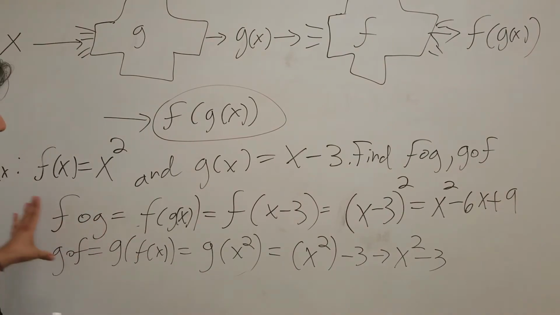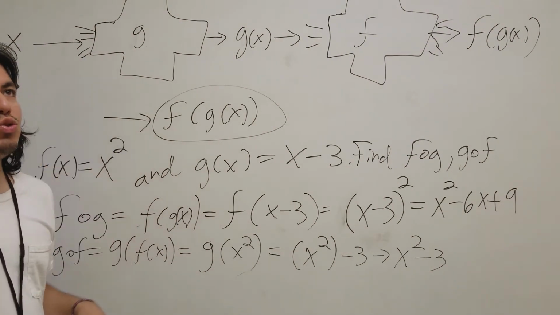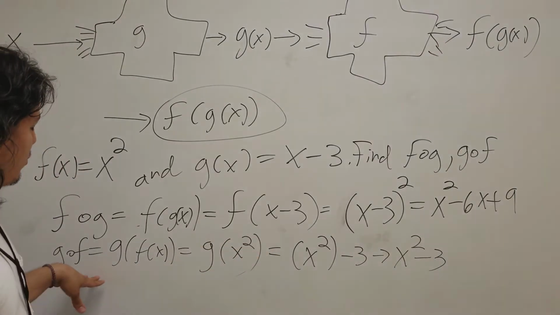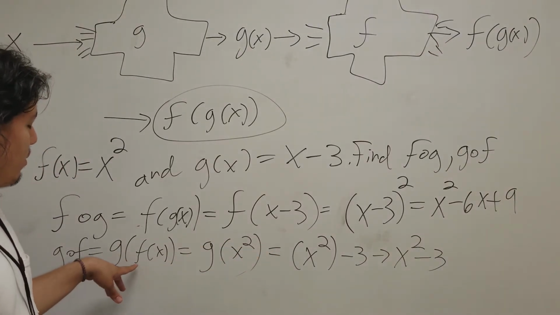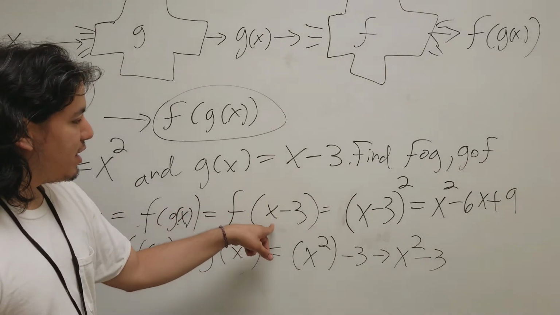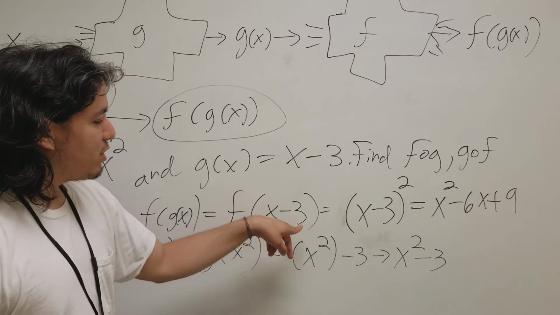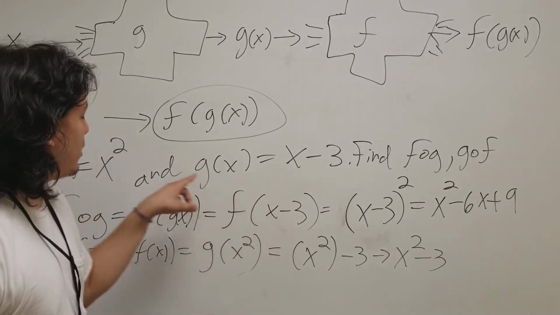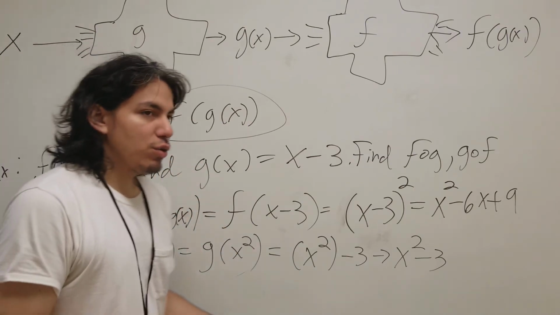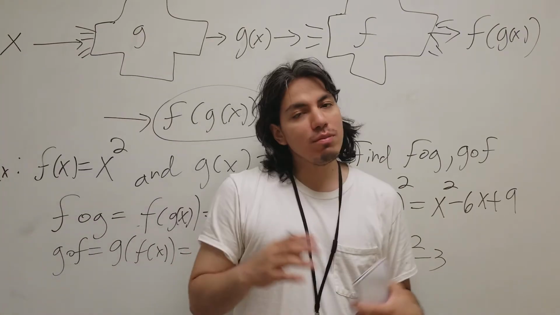So ideally, with composition of functions, you want to be very careful of how you plug it in and how you word it. It's good to go slow to see where you're plugging in g of x. I plug the g of x into this, and f says x squared, this is my input, so I put this in here, and that's my output. Compositions of functions aren't too bad.